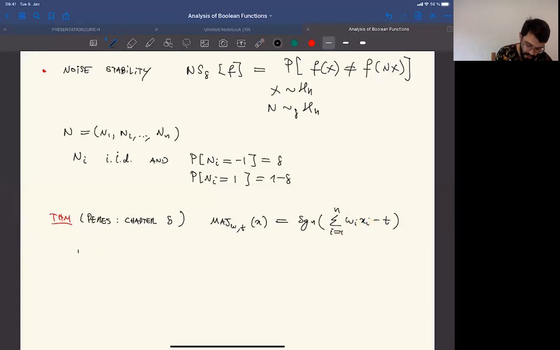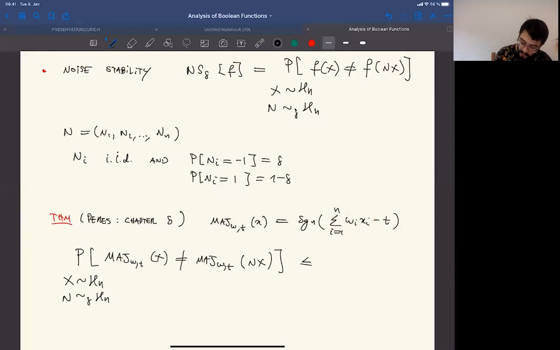So then Peres shows that the probability of majority with weights w and threshold t of x being different than the same of nx, with x uniformly distributed and n biased as a noise, is less or equal than some constant times square root of delta. Okay, a universal constant. That's what it shows.